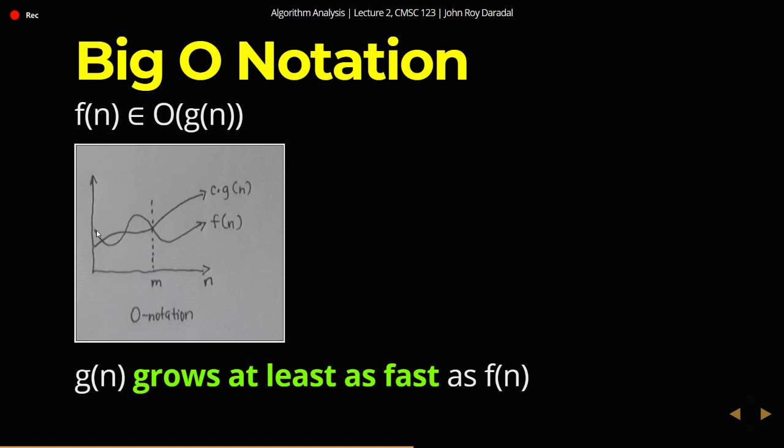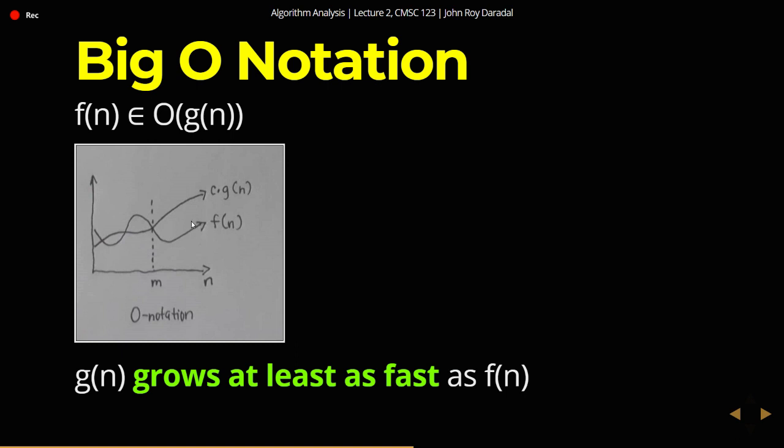There could be cases wherein f of n is bigger or f of n is smaller than g of n. So in some cases, their behavior is still mixed up. But at some point, at some number m here, c times g of n will always be bigger than f of n.